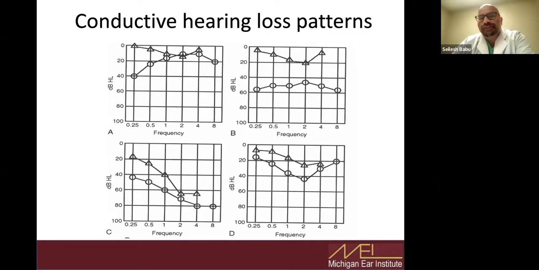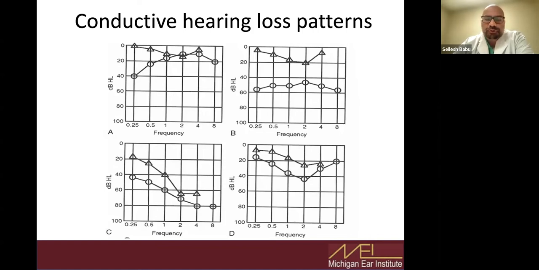These different patterns don't always tell us exactly what's going on in the middle ear, but you have some idea that the upper left may represent possible fluid in the middle ear, possible eustachian tube dysfunction, or possible superior canal dehiscence, versus a maximal conductive loss such as this, which would imply some kind of ossicular chain abnormality, potentially otosclerosis if there is the true Carhart notch, which we'll talk about.